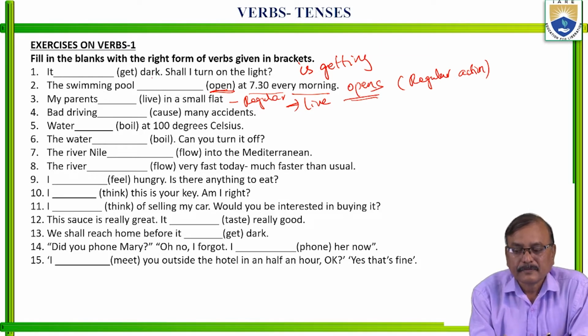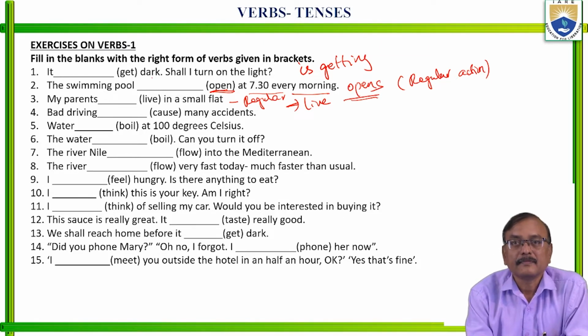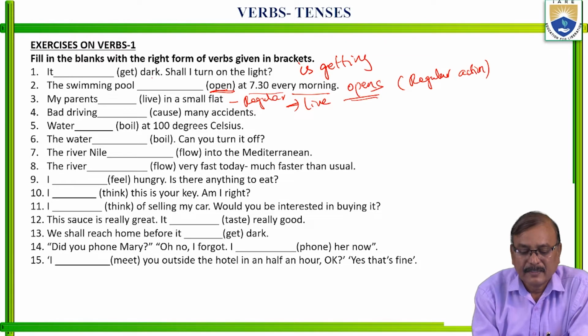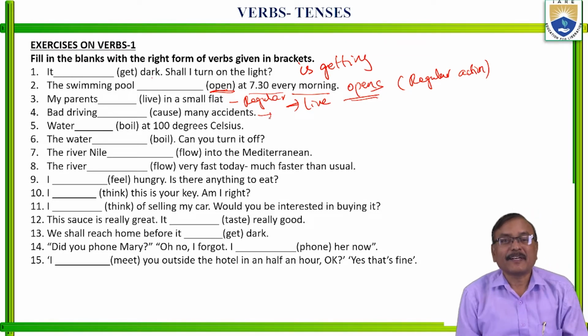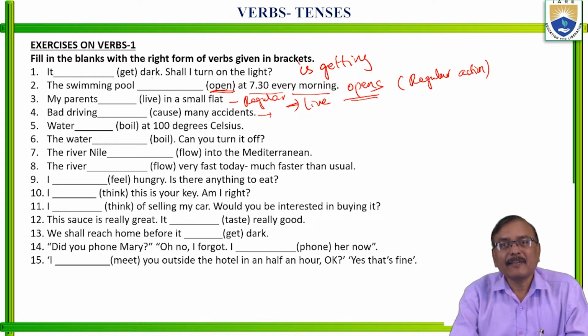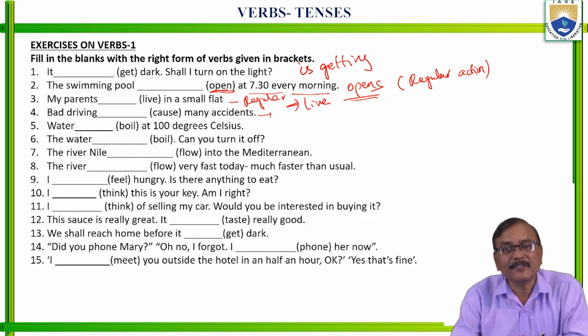Next. Bad driving dash cause many accidents. What is this? Is it a completed action or future action? Bad driving will cause many accidents, if it is a future action. But remember, it is a truth.